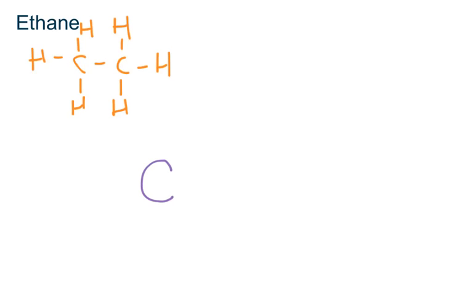So, ethane. Let's draw ethane real quick, just the Lewis structure. You should know how to do this. So ethane looks like this. Ethane has 2 C's, and I'm going to draw out the orbitals around each carbon and show how they overlap and how they form their sigma and possibly pi bonds.